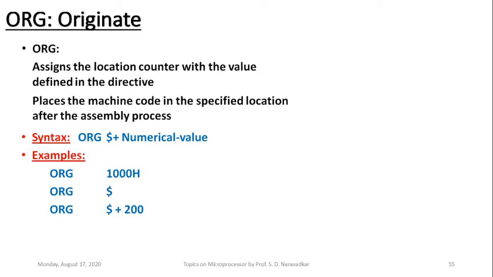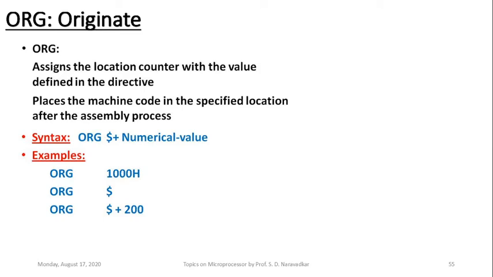ORG 1000 hexadecimal. By this first example, the generated machine code will be placed for execution from 1000 hexadecimal address onwards. Second example, ORG dollar. It means that the machine code generated after the assembly process will be placed at this particular memory location, the location given by the instruction pointer, the location counter.